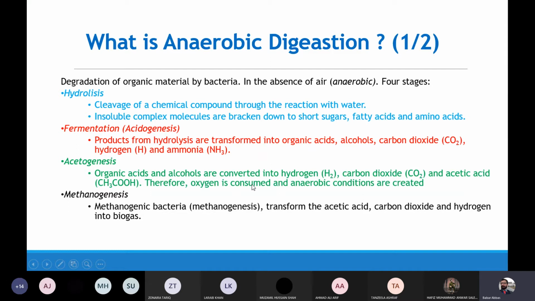In acetogenesis, these are further converted into the acids as well as other simpler products, and these simpler products are later converted into methane by the methanogenic bacteria at the methanogenesis stage, which transform the acetic acid, carbon dioxide, and hydrogen into the biogas.